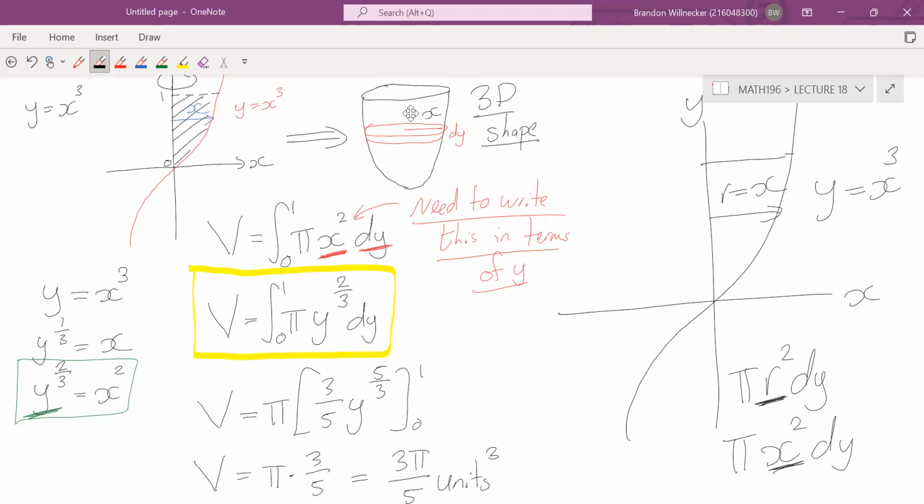The radius of the cylinder is given by x. So when we're finding the volume, we need pi r squared, because that's the area of the circle at the top. But r is given by x, so it's going to be pi x squared. Does that answer your question? Yes, sir. Thank you. Awesome. Any other questions?